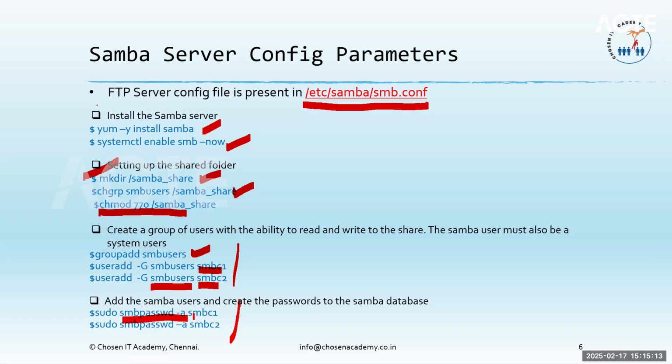This username is the one that I just created, SMBC1, and it will prompt for the password for SMBC1. It's better to give the same password that we had given for the user account in the third step. So we had created the user account and password and made it part of the Samba user database. That is step number 4.